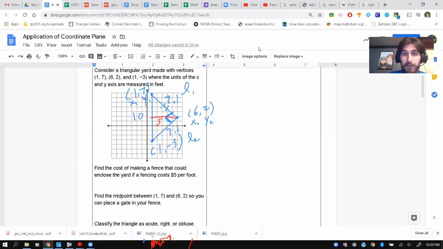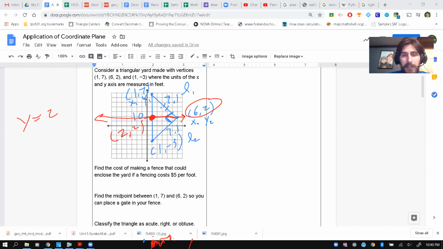Okay, so if we go back, this red line here that I've already drawn is the line y equals 2. The line y equals 2 is a horizontal line. It passes through the y-axis at the value of 2, and that is going to intersect my triangle at 2 points: this point (2, 2), and this point (6, 2).